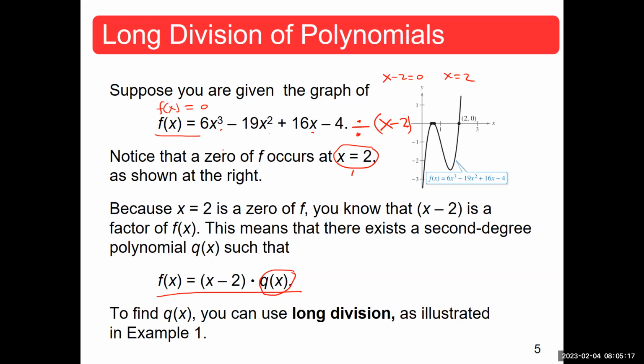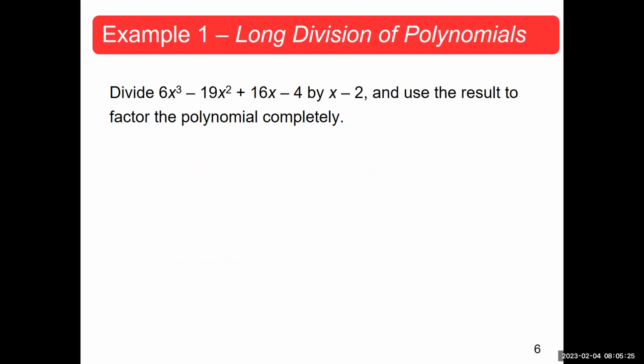Okay, let's go and work on this example. We're going to do this step by step. It's the same thing you do when dividing numbers. The question is to divide this f(x) by x minus 2.